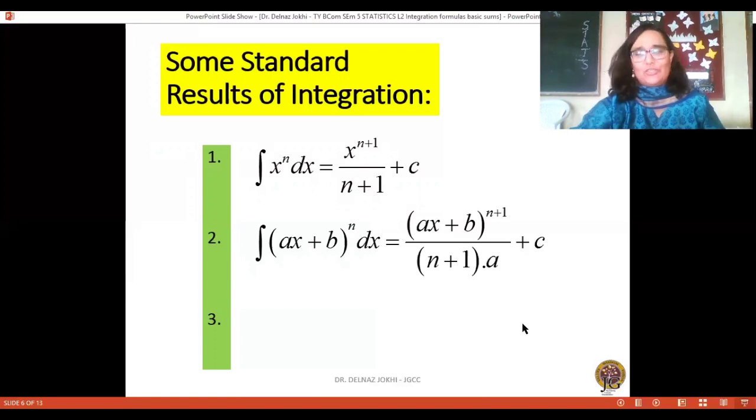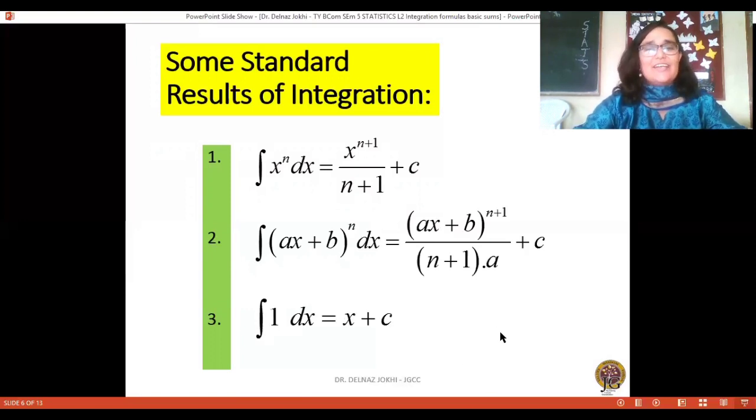I'm sure you have understood that the first 2 formulas have to be used when x is where? Tell me, where is x? x is in the base. Very good. Now, look at the standard result number 3. It's one of the easiest to remember. It is integration 1 dx is equal to x plus c.